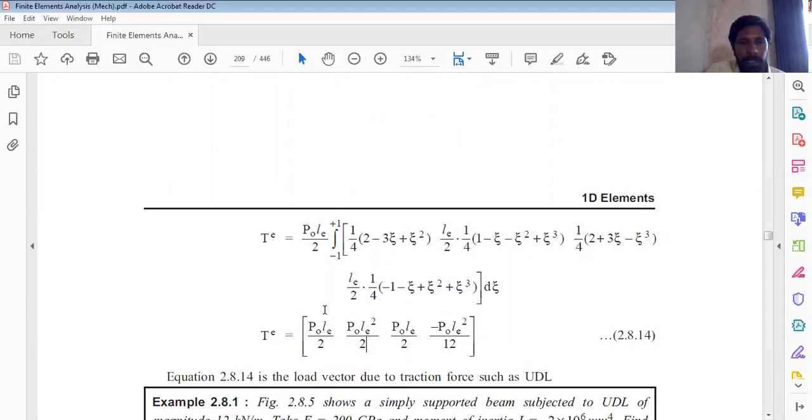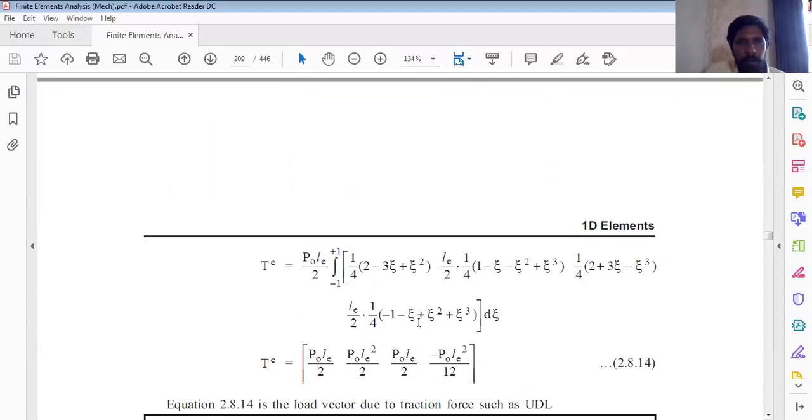So the load vector due to UDL is P naught Le by 2, P naught Le square by 12, P naught Le by 2, minus P naught Le square by 12. This corresponds to the V1 direction, this to the theta 1 direction, this to the V2 direction, and this to the theta 2 direction. So this is the load vector.